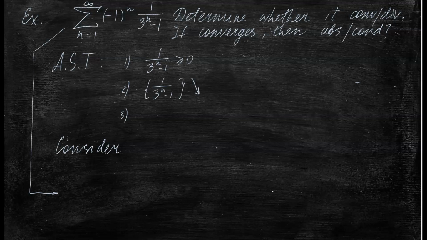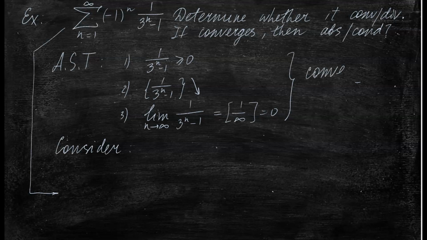You should be able to see that as n increases, the denominator increases, therefore the overall ratio decreases, and the limit of this sequence as n goes to infinity, you get 3 to the power n is infinity, infinity minus 1 is still infinity, and we get 1 over infinity, which is 0. So the conclusion is that the original series converges.